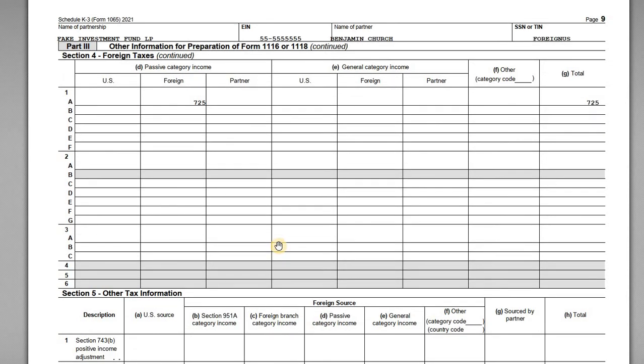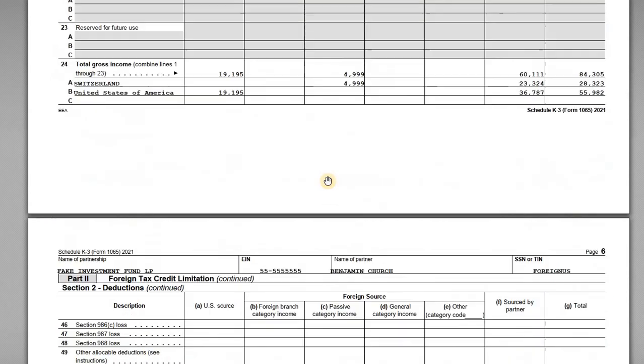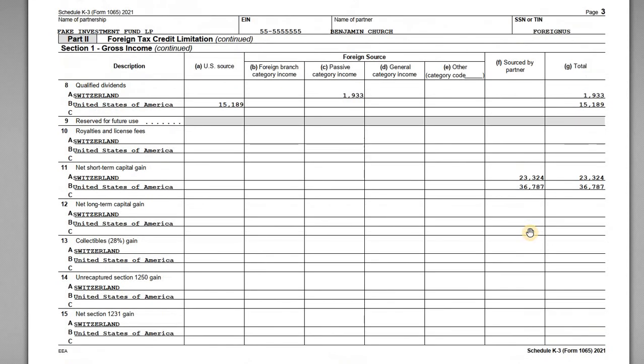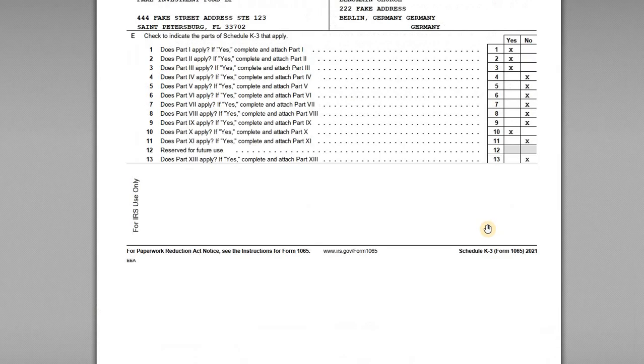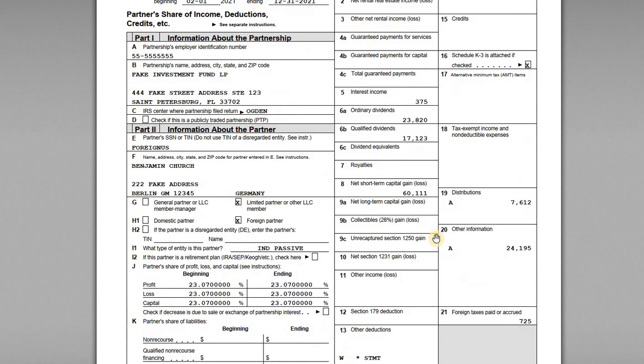All right, so that goes pretty quick for Schedule K3. Again, you're thinking of this as an allocation of the information that's reported on K2. But really look at the numbers, try to understand them, because you should be able to see the relationship between what's being reported here on K3 for each partner, and then ultimately what you would see in total up here on the face of K1.